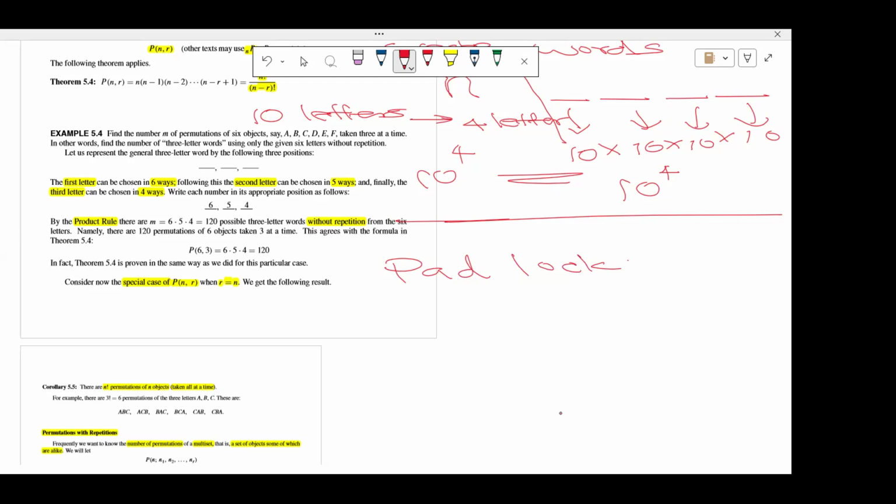The locking system is based on the numbers. That padlock has five slots. It means there are five different adjustable slots.